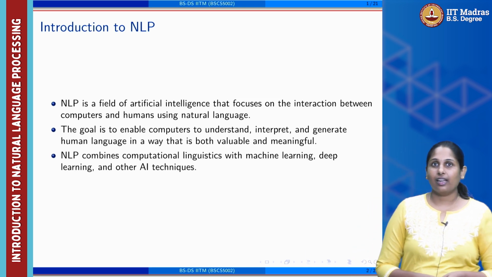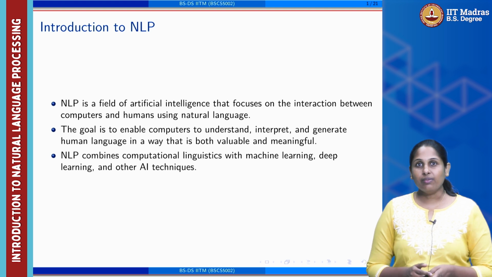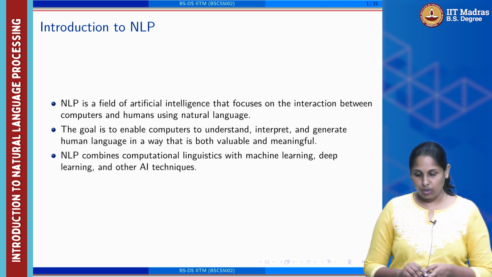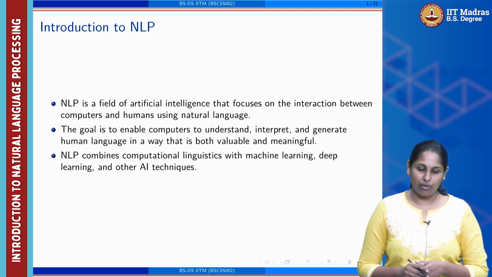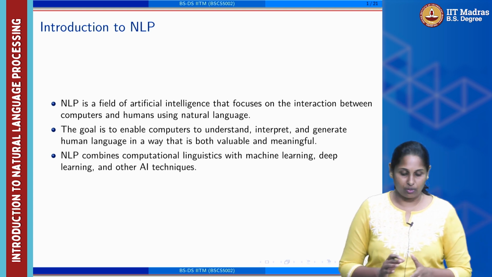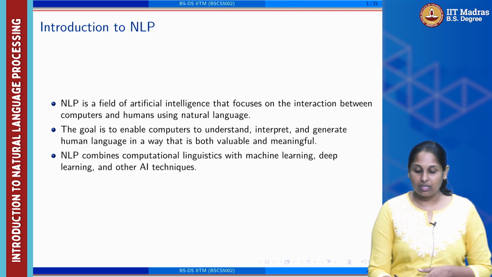As we have seen in the last lecture, NLP is a field which aims at building human-like intelligence on the computer. It focuses on the interaction between computers and humans using some kind of natural language. And as we see, the goal of NLP is three.